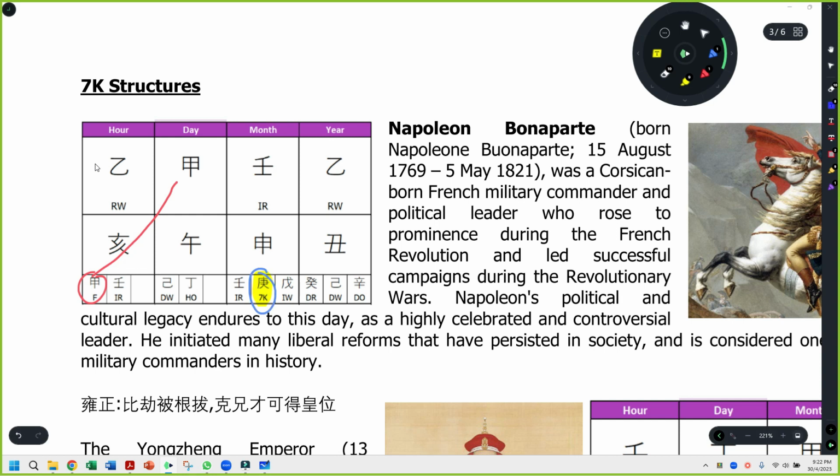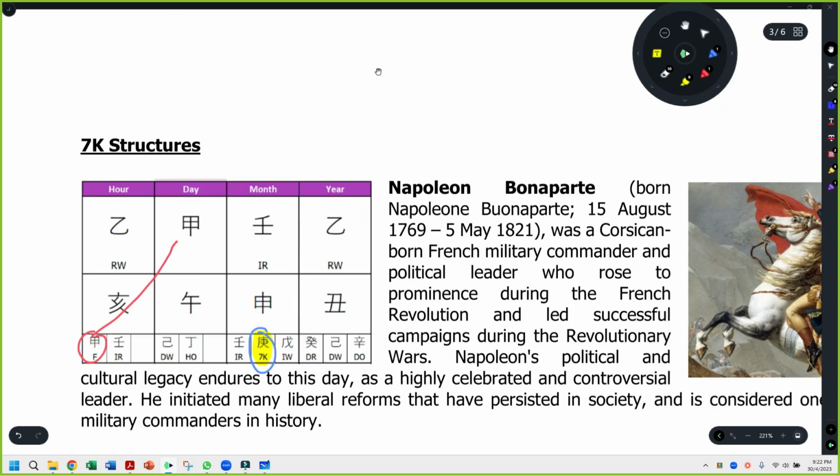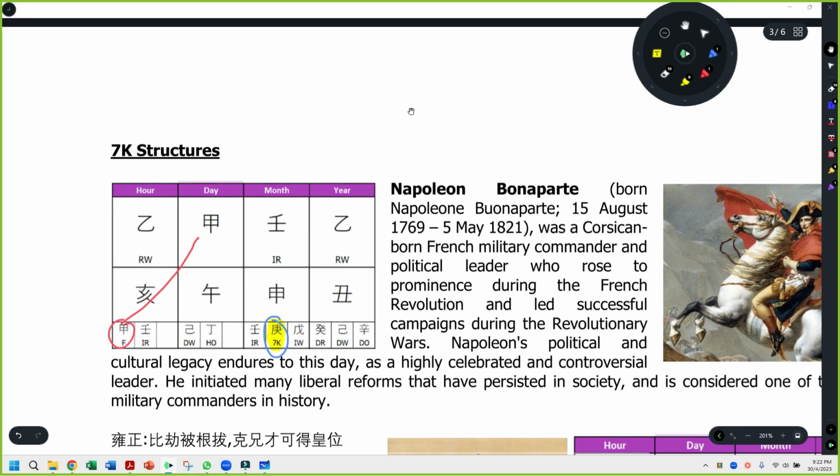So therefore, Napoleon Bonaparte is a weak Jia Wood Day Master with a 7 killing structure. And traditionally, people with 7 killing structures are recommended or are suitable for the military. So that's it. So here we have Napoleon Bonaparte with a structure.